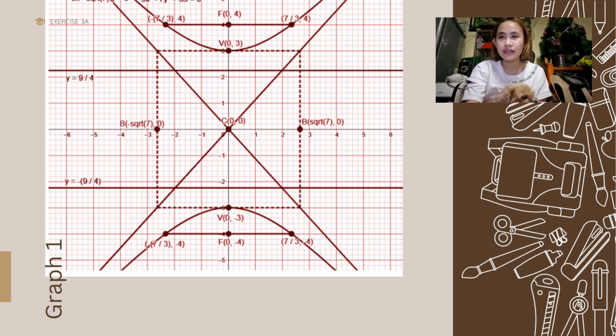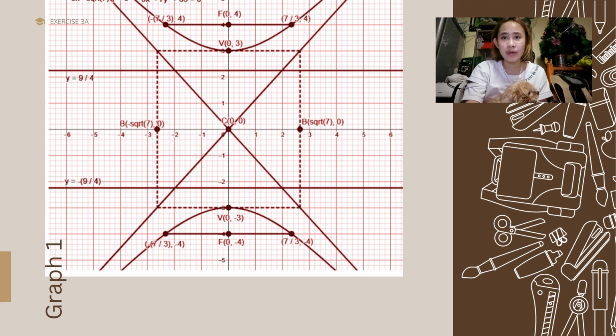Alam naman natin yan. Ito naman, makikita natin dyan, yung negative 7 over 3 and 4. Ito naman 7 over 3 and 4. Ito naman yung negative 7 over 3 and 4 and 7 over 3 and negative 4. Ito yung ating apat na end points.